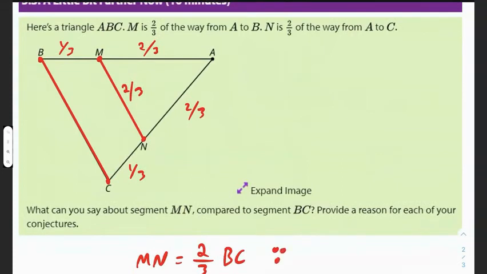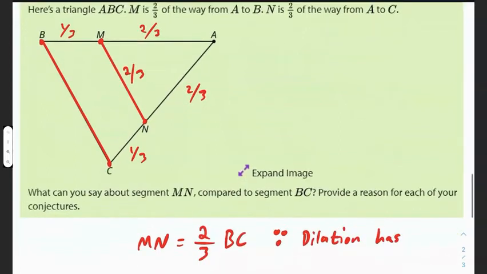Since, right, it looks like your dilation has scale factor of 2/3, centered at point A, right?